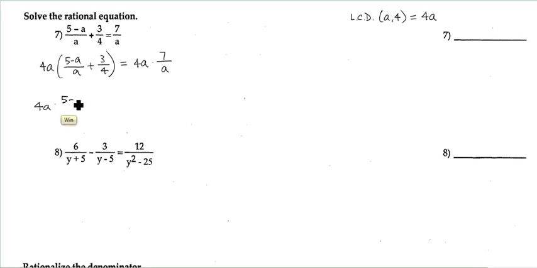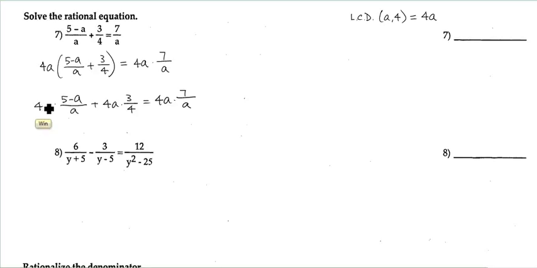Don't cross out anything at this point. When we practice more and feel comfortable, we can merge these two steps together. So we have 4A times every single term on the left-hand side, and 4A times every single term on the right-hand side. Now let's continue to simplify.